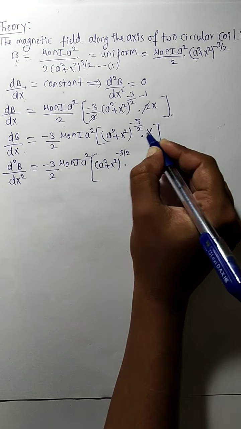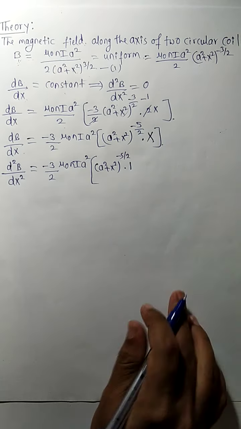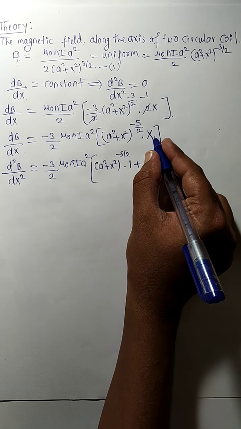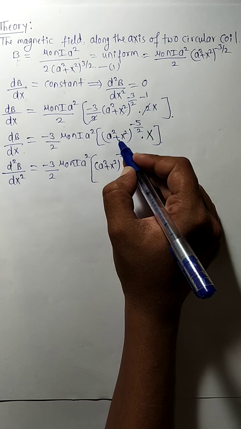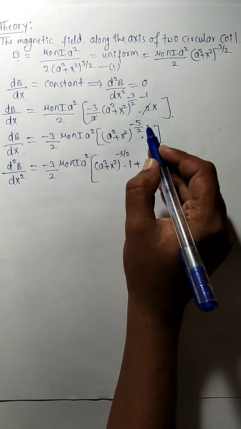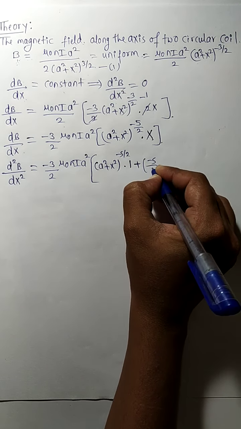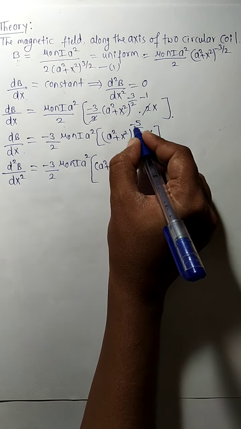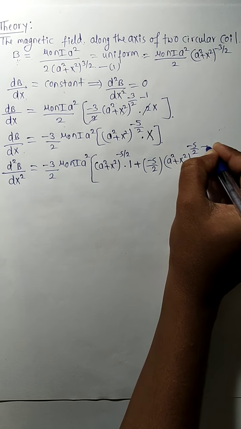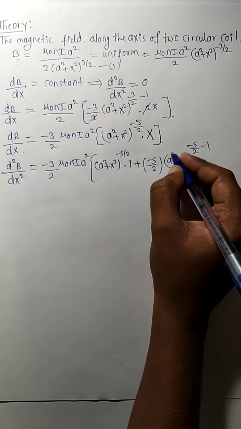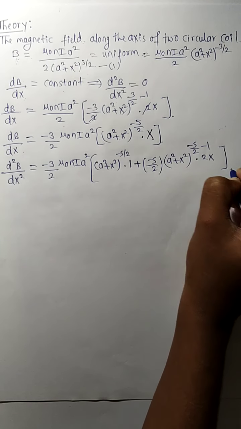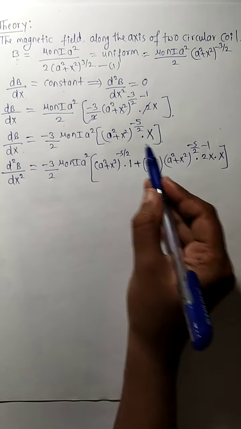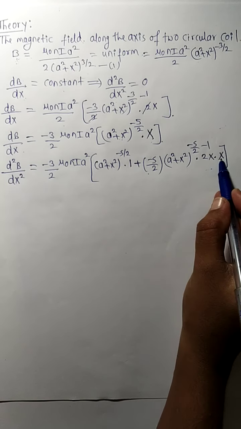The differentiation of x with respect to x gives 1, and plus, this x will be as it is, with the differentiation of u. So the differentiation of u will be minus 5 by 2 into a square plus x square raised to minus 5 by 2 minus 1, and again the chain rule will apply, so x square gives 2x, and this x will be as it is. So I wrote as it is, isn't it? The differentiation of u, into v as it is.